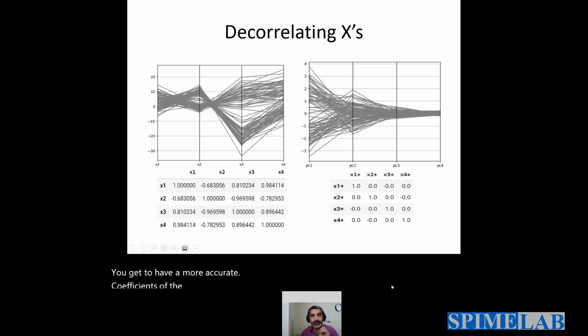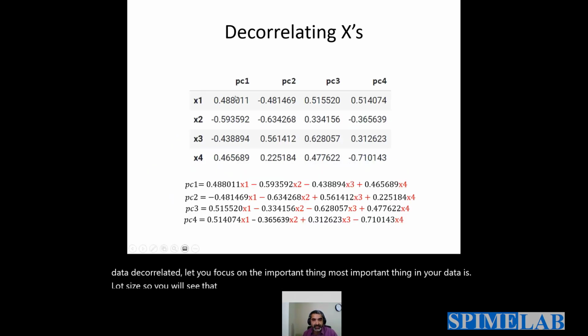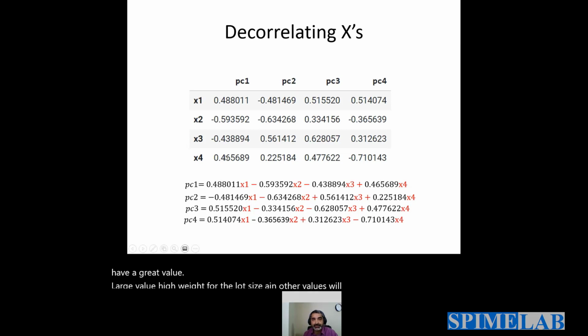Number one. Number two, even if you don't do predictive modeling, having your data decorrelated lets you focus on the important thing. The most important thing in your data is lot size. So you will see that the coefficients that you get for principal component 1 will have a large value, high weight for the lot size, and other values will be smaller.